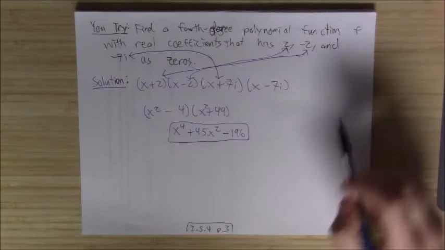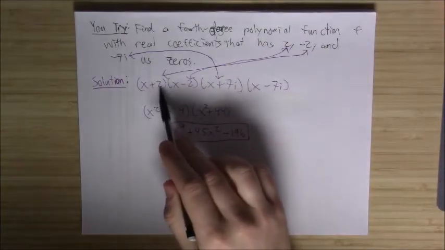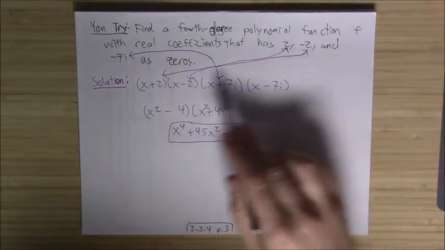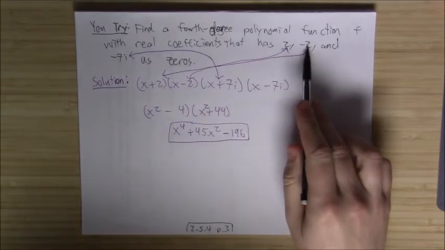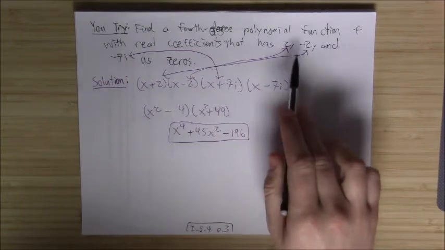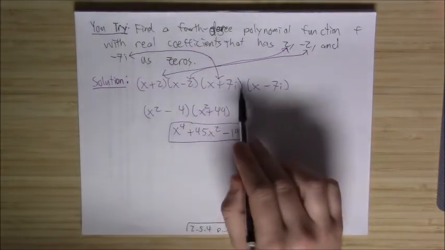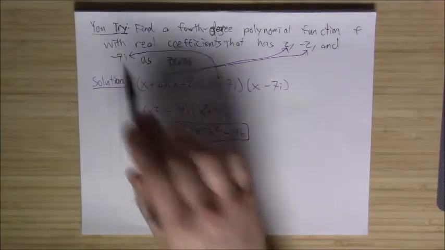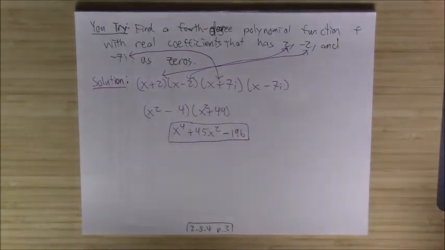1, 2, 3. So again, here, x plus 2 must be a factor because -2 is a 0. x minus 2 must be a factor because 2 is a 0. And then x plus 7i must be a factor because -7i is a 0.